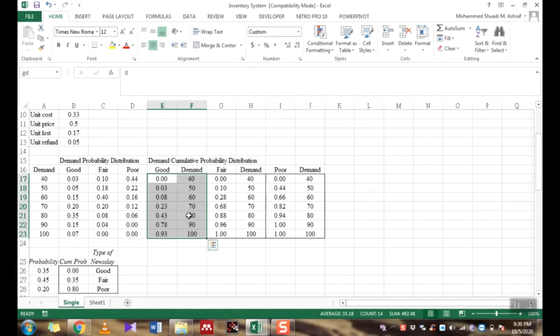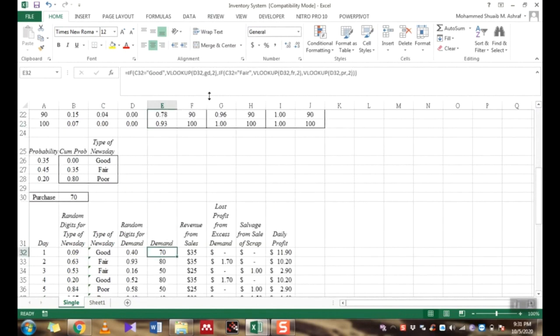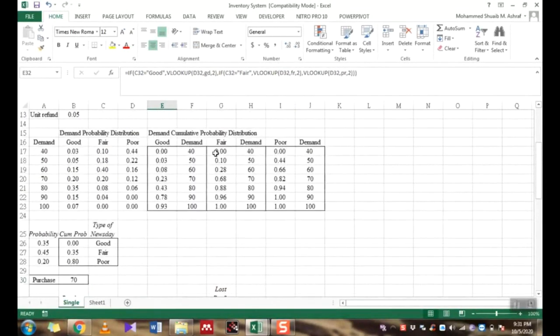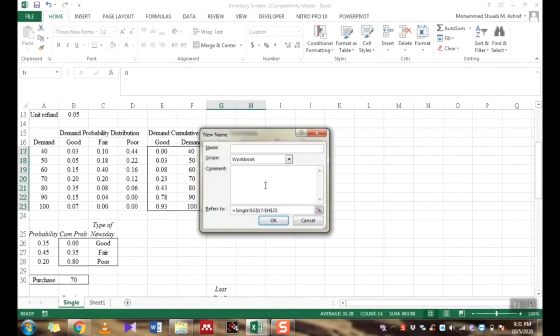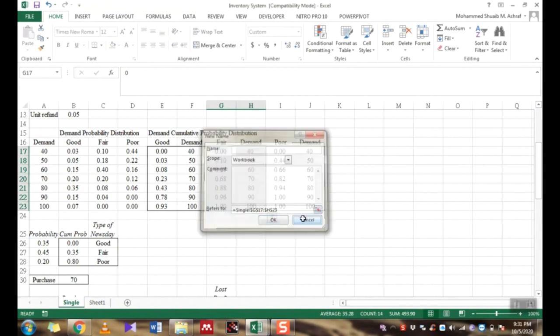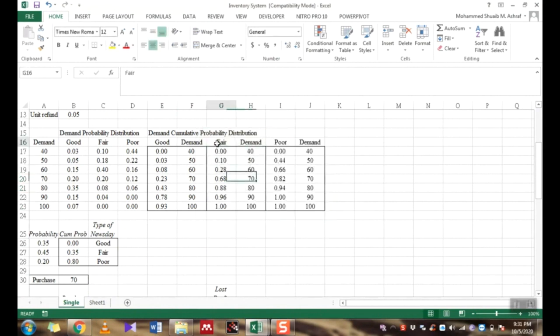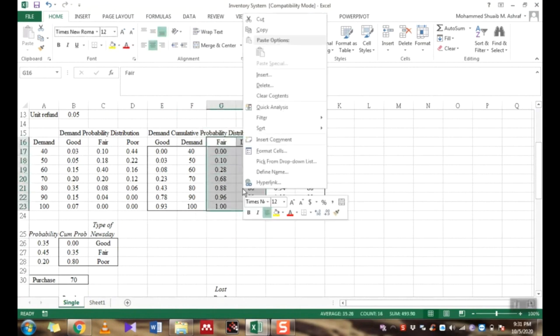So I will get the demand for good. Okay. If the type of news day is fair, I will search this one. I'll right click, see the name, define name. See, what is the name of this table? Let's see.